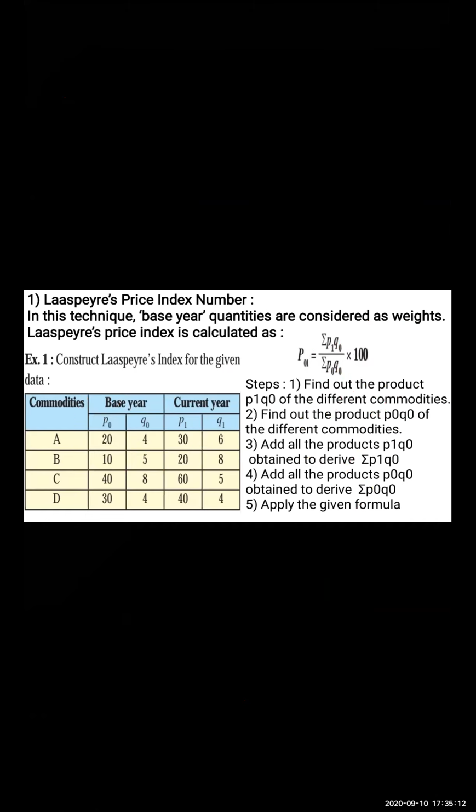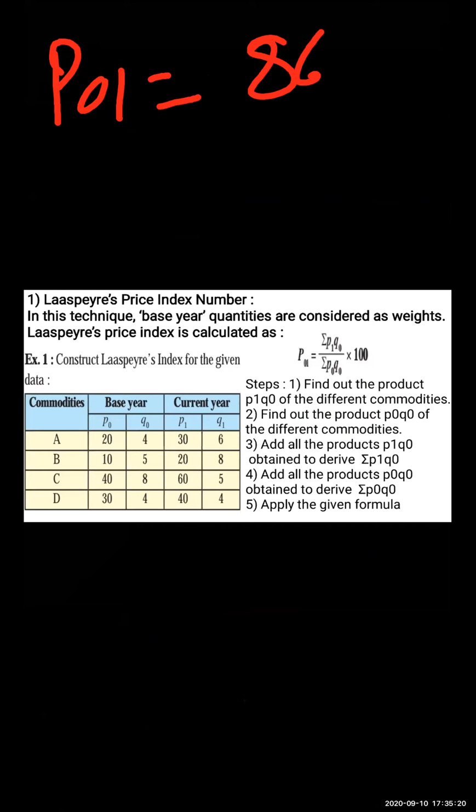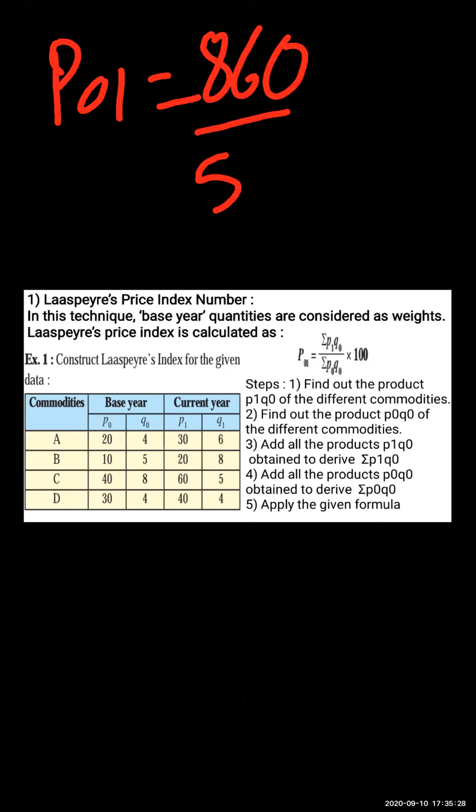Again, I will write down PO1 is equal to 860 upon 570 into 100. Solve it and tell me the answer.